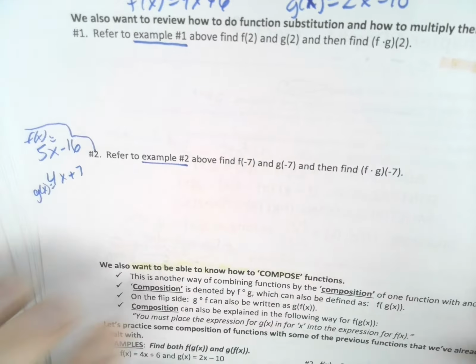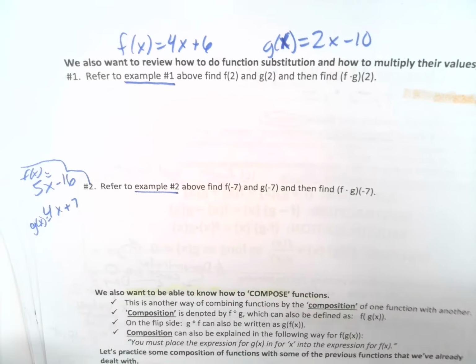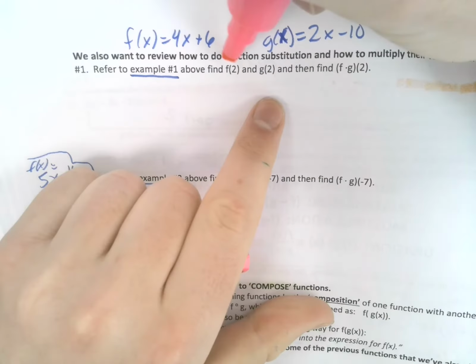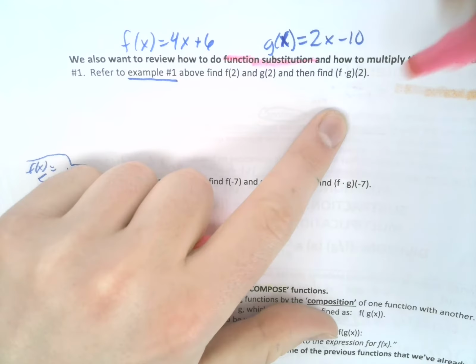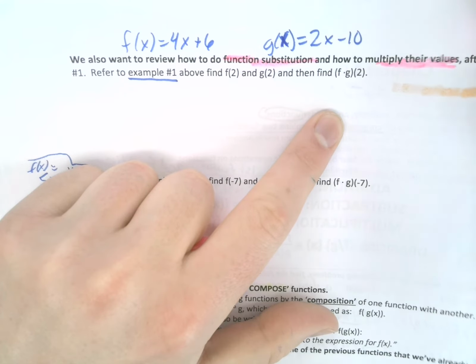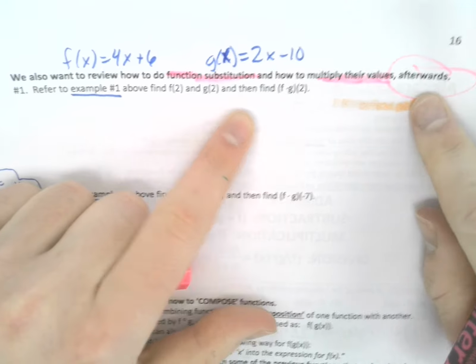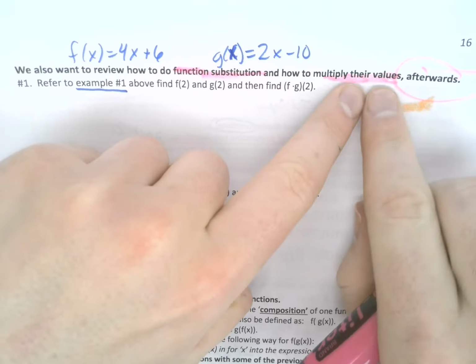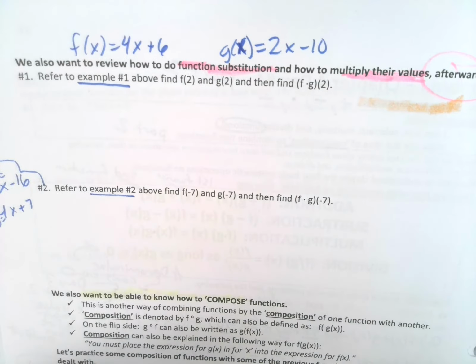Okay, so there are two functions here. So what are we doing? Well, we're going to review how to do some function substitution and then how to multiply their values afterwards. So the key here is we're going to substitute numbers into each of these and then take those two answers and multiply them together after.